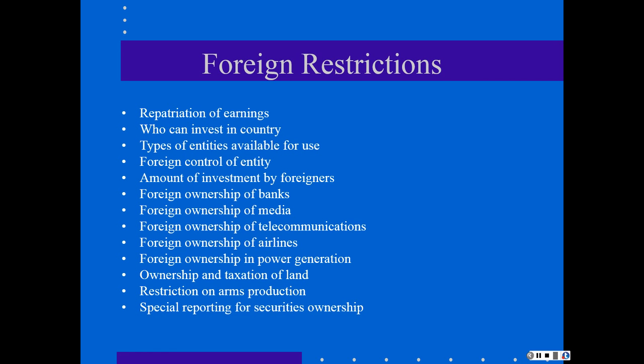Restrictions on who can invest in the country. Does it have to be an individual? Can it be a corporation? Types of entities available for use. We'll talk about some of these entities in a little bit. Foreign control of the entity. I gave you Poland as an example from the winter of 1989 and 1990.